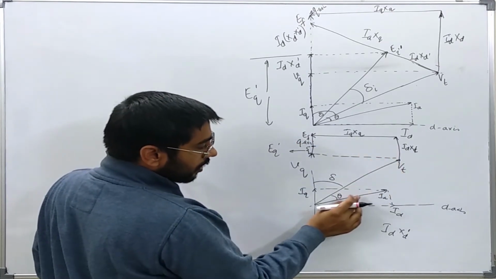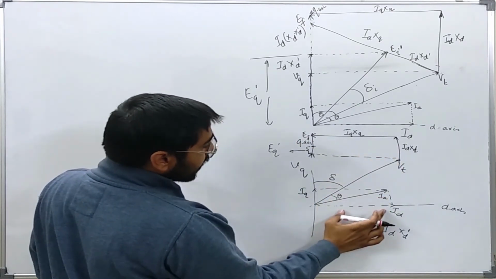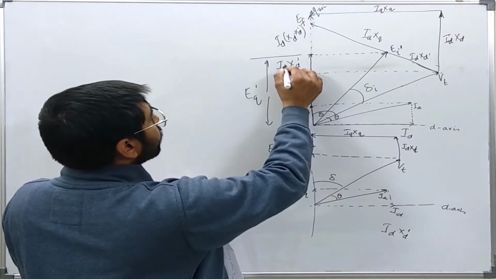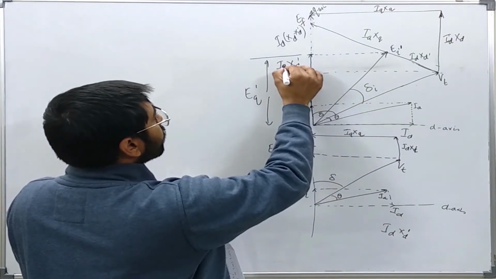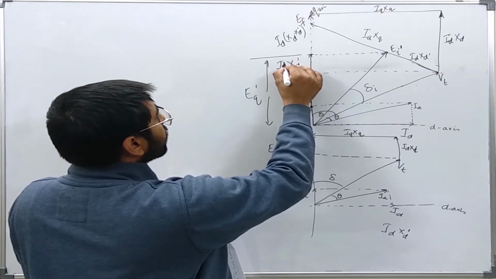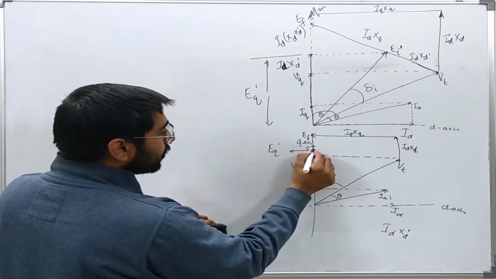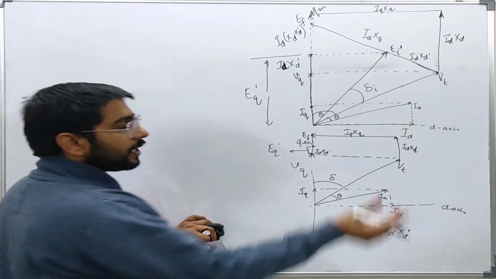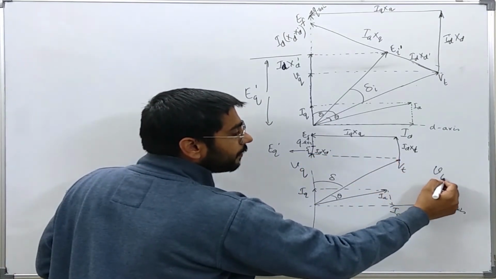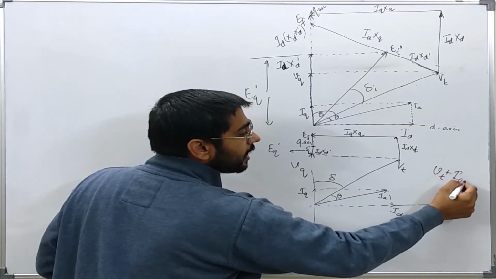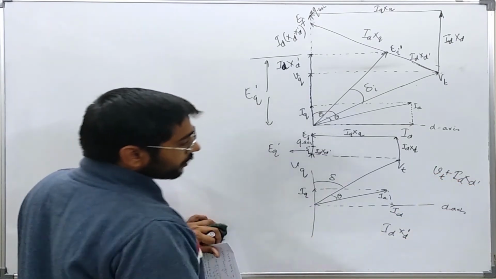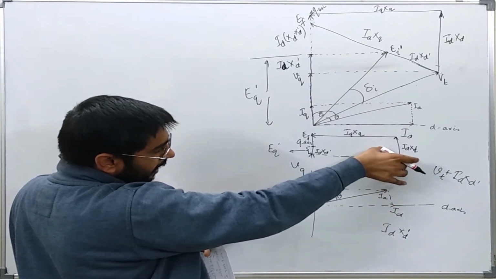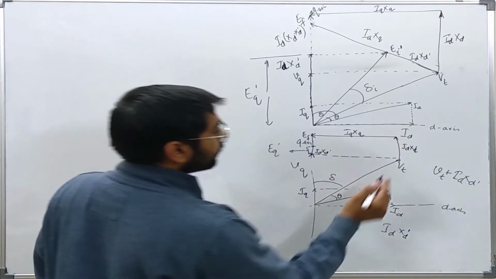Now in this VT I will add the same quantity. So IA is here, and perpendicular to it I will add a quantity IA XD dash. This is ID XD dash.